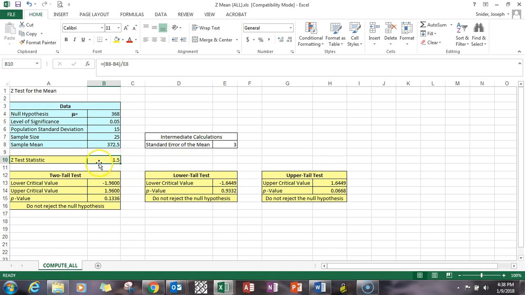In this particular case, 1.5, that value, is not outside the bounds of minus 1.96 to positive 1.96. So same thing with the p-value. 0.1336 is way above 0.05, and therefore we say do not reject the null hypothesis. Remember, you only make statements about the H0. You reject or do not reject. Sometimes that can be worded differently.